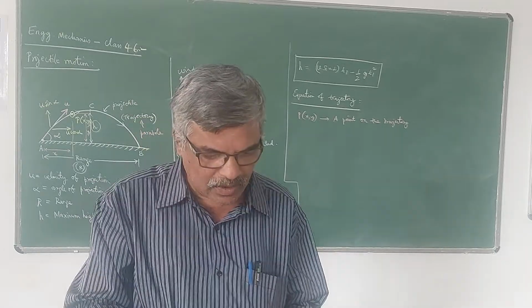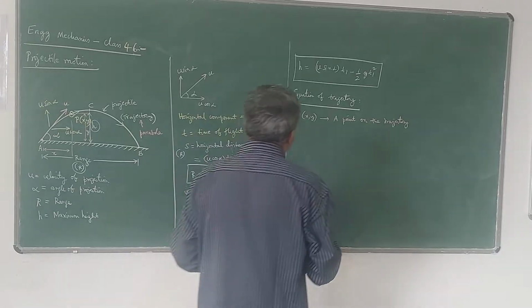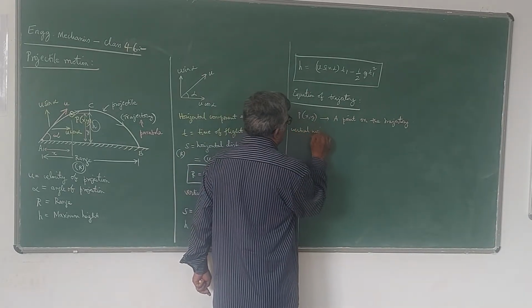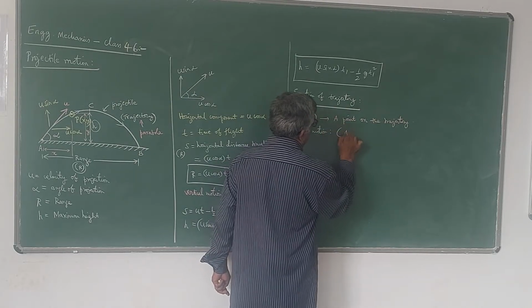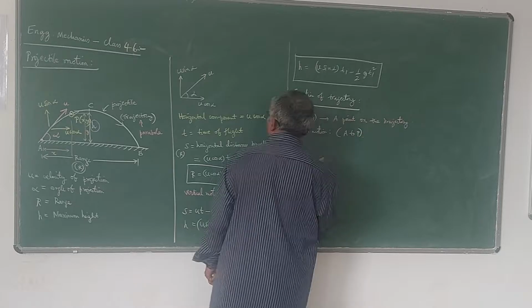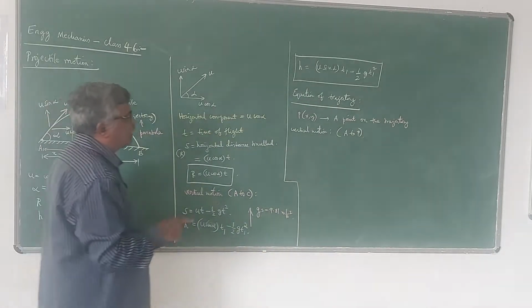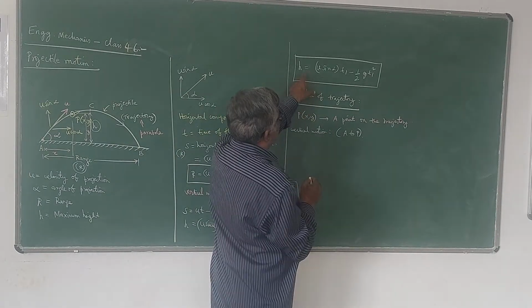Now let us see what equation we can use for the vertical motion. I will take the motion from A to P. So if I take vertical motion from A to P, this is the equation which I have to use.